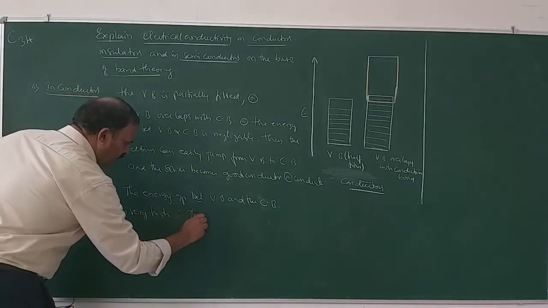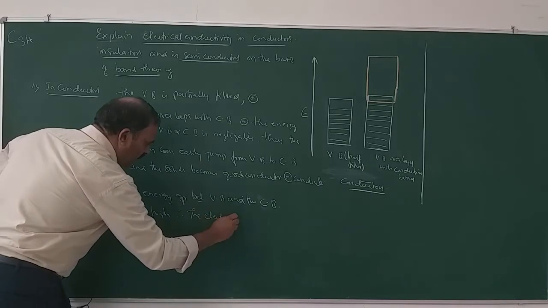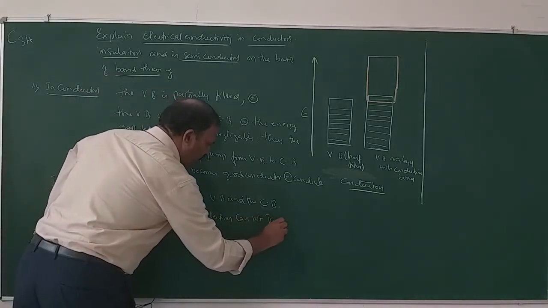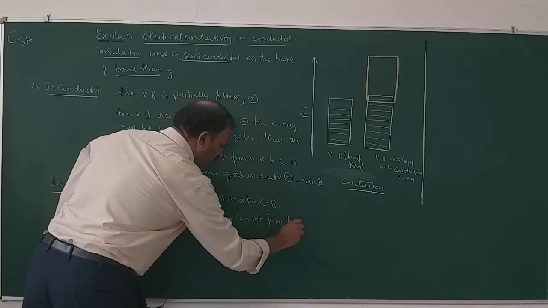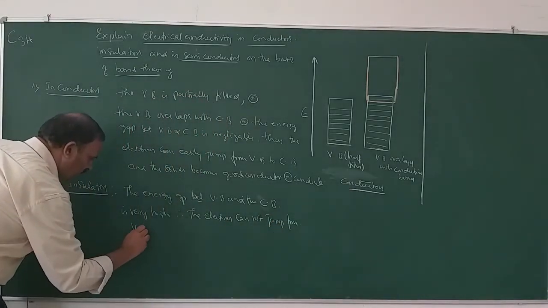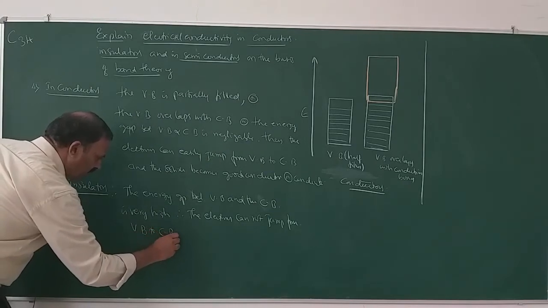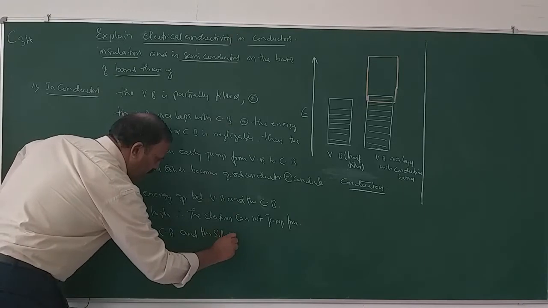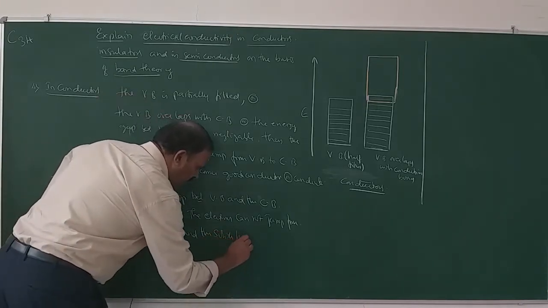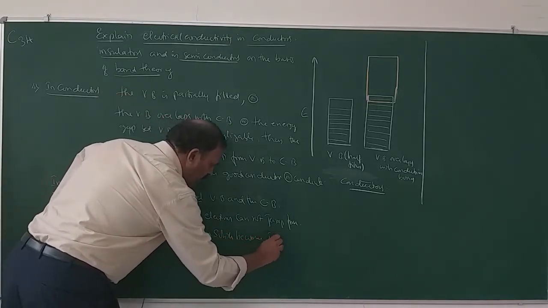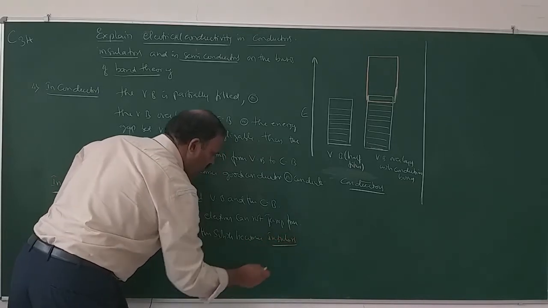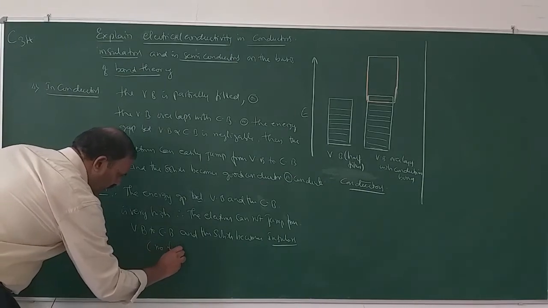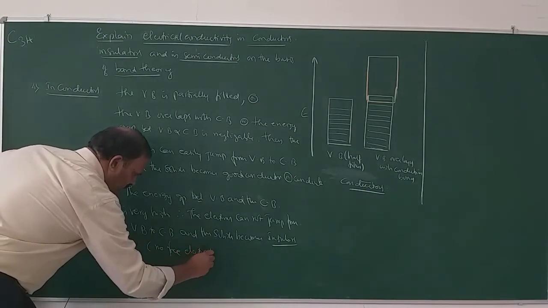Therefore, the electrons cannot jump from valence band to conduction band, and the solids become insulators, since there are no free electrons.